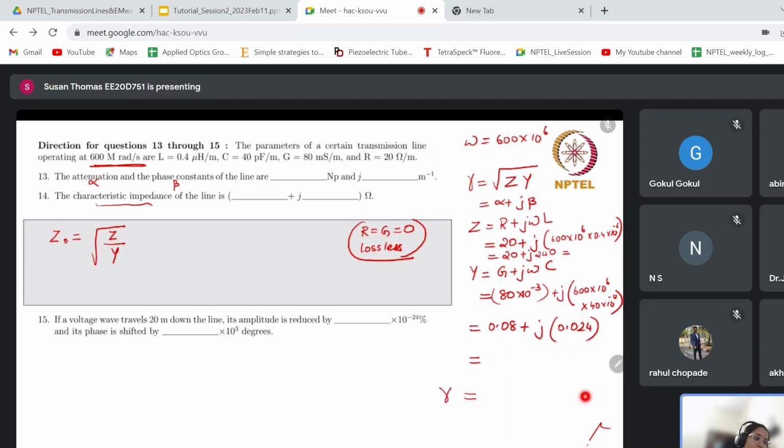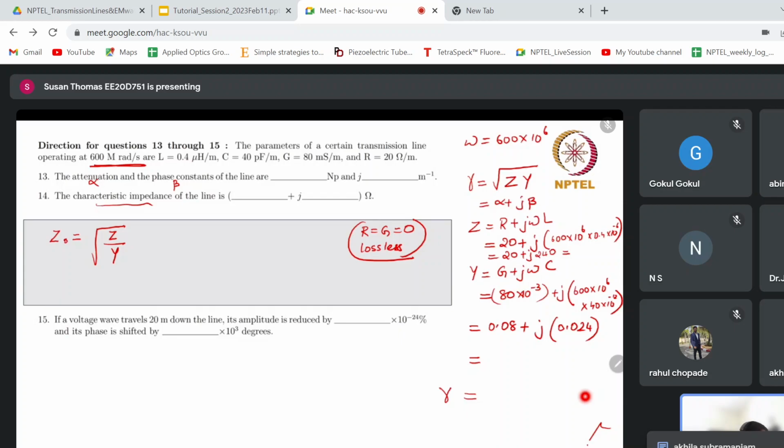When you do a multiplication, multiply the magnitudes, add the phase values, and when you take a square root, you take a square root in the magnitude and divide by 2 in the phase. So can anyone please tell what is the polar value of Z?